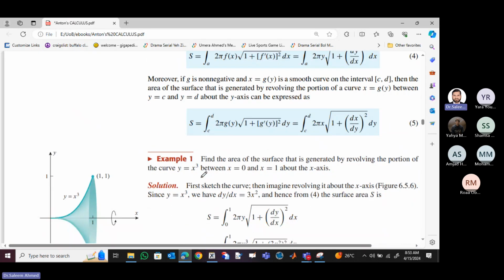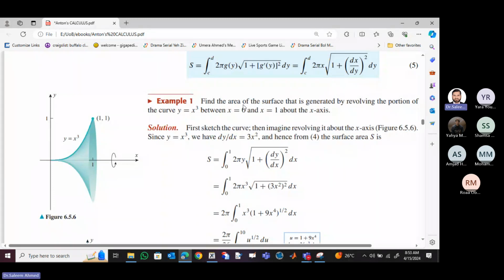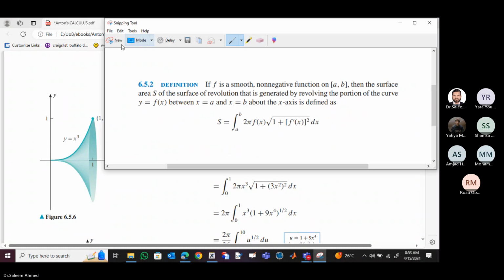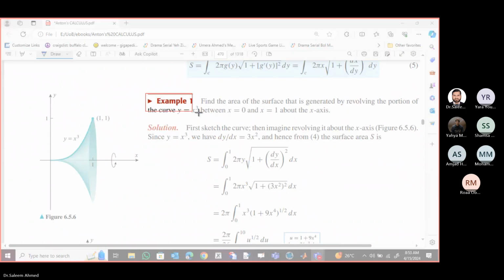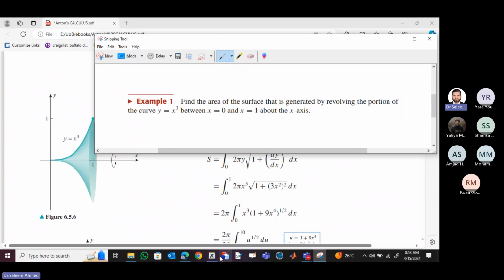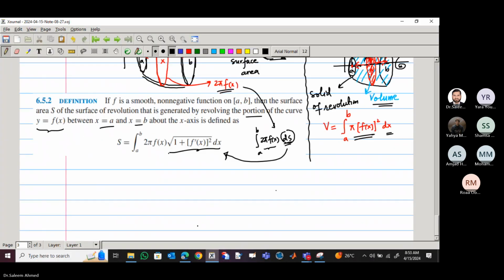So let's see if I do an example. Find the area of the surface of revolution. Copy this here.